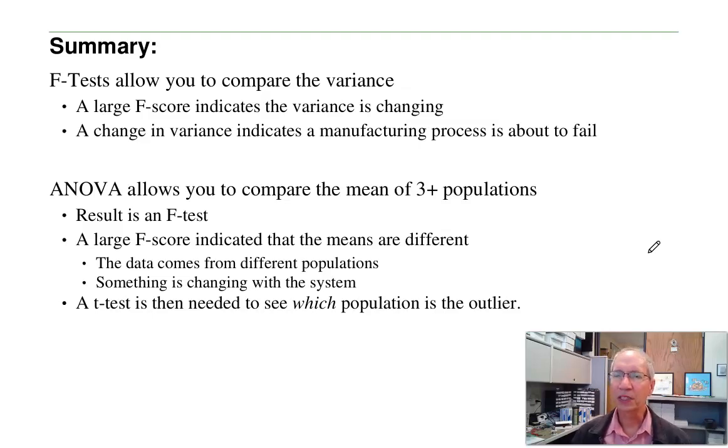What that tells you is that the data comes from different populations, different production runs, different batches, different manufacturers, or that something's changing the system, like temperatures are increasing. Analysis of variance does not tell you which population is different. To do that, I need to use a t-test. And with that, that is lecture number 32 for Random Processes, Analysis of Variance.